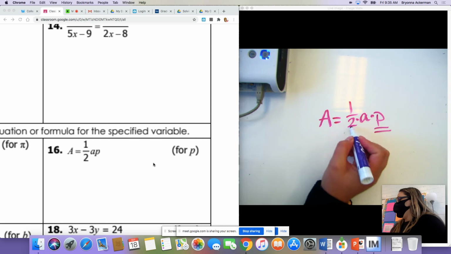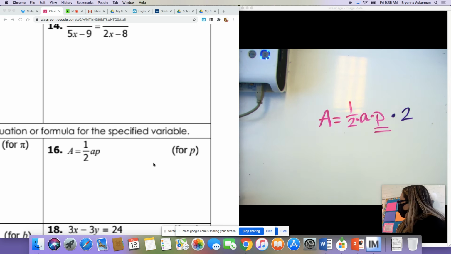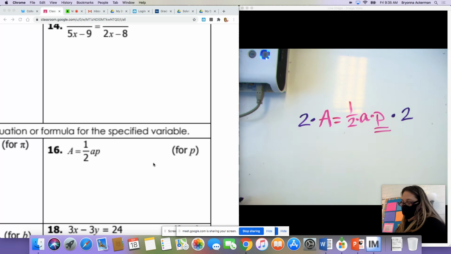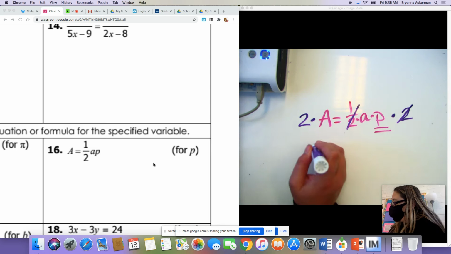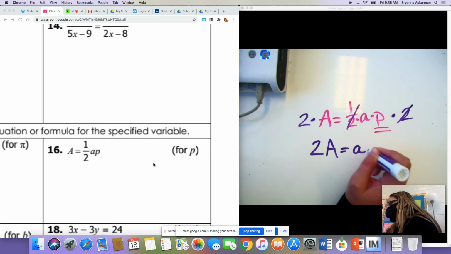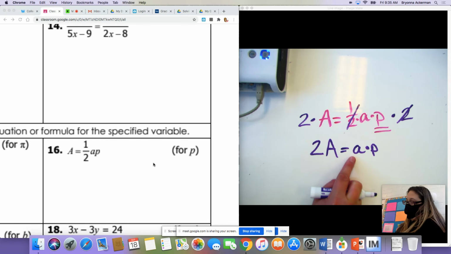So to get rid of this denominator, I want to multiply by 2. Okay? And so if I multiply both sides by 2, that's going to get rid of my fraction for me. And I'll be left with 2 times A is equal to little a times P. Again, this big A stands for area and the little a stands for apothem. They're different, okay?